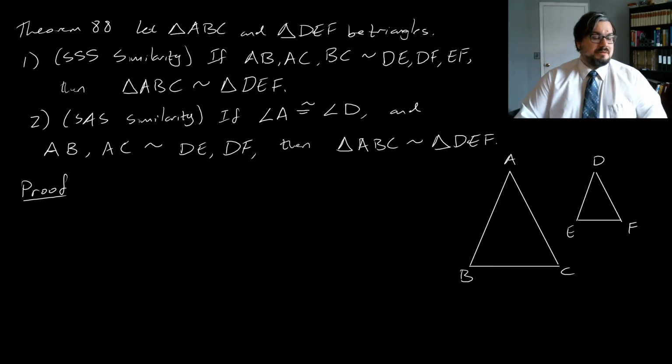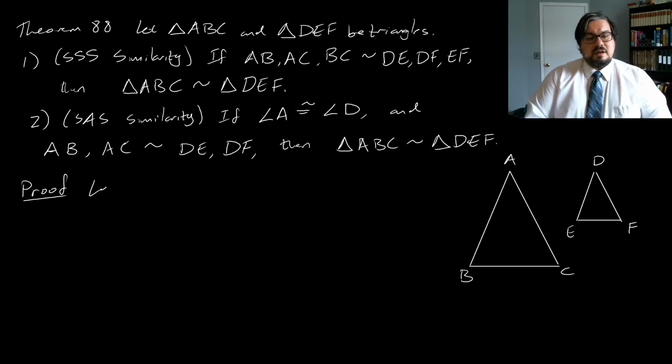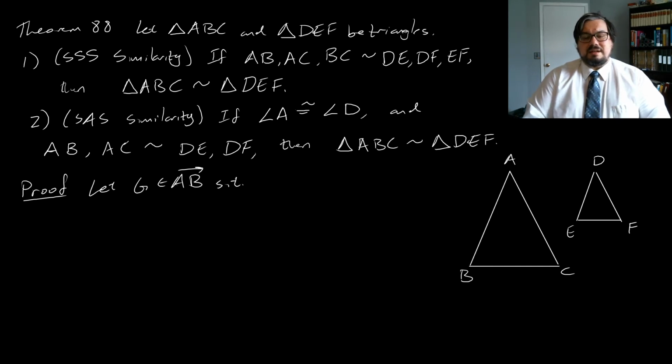So, we're going to start off very similarly to how we did before. Let G be on the ray AB such that the segment AG is congruent to the segment DE.